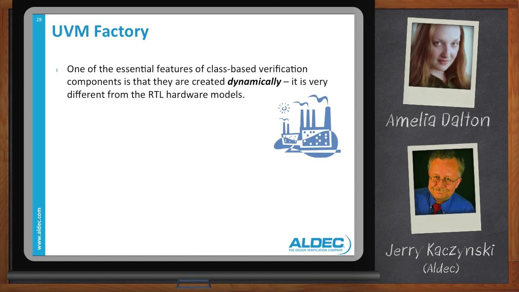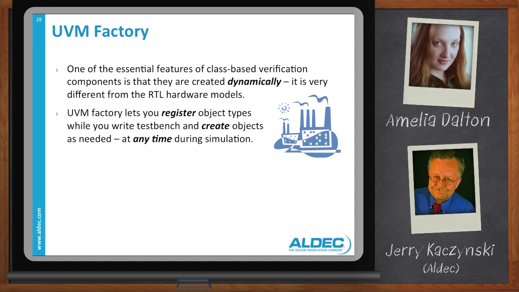UVM Factory lets you register object types while you write test bench, because at that time you definitely know what objects you need or what objects you may need, but it postpones the process of creation till runtime. So you register objects while you write, but create objects as they are needed at any time during simulation.